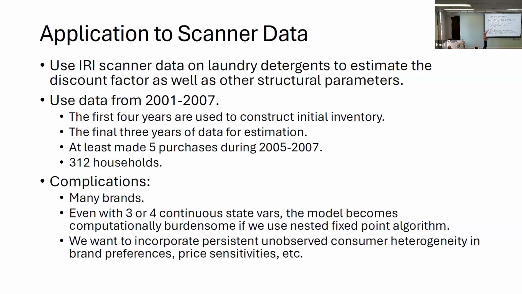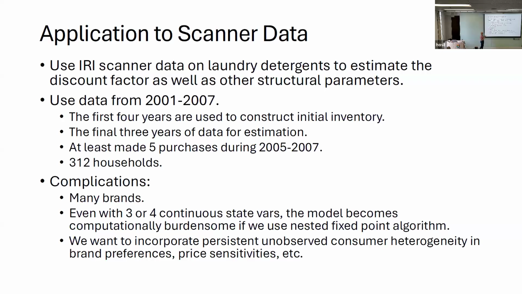We also set the selection criterion that each household has to make at least 5 purchases to make it into the data set. With a little bit of other additional criteria, we only have 312 households in our estimation sample.